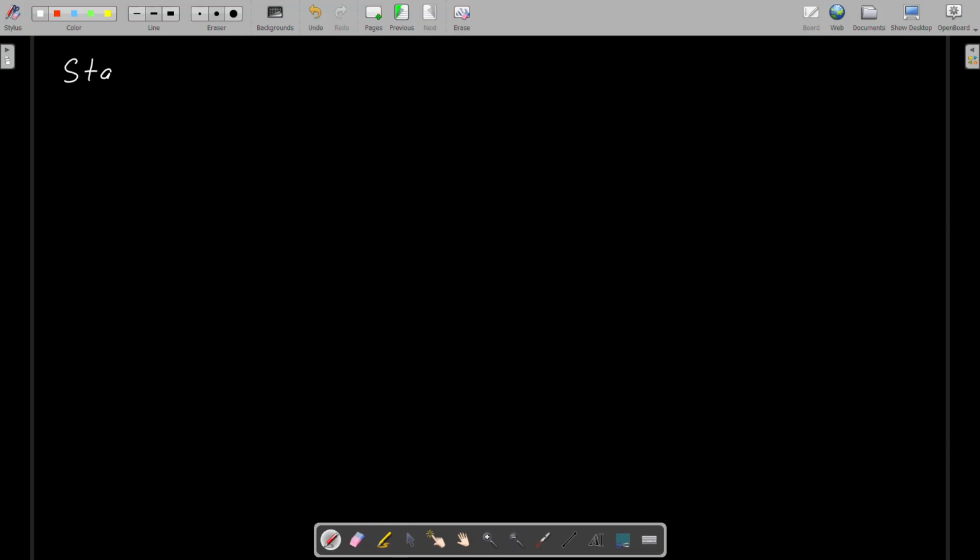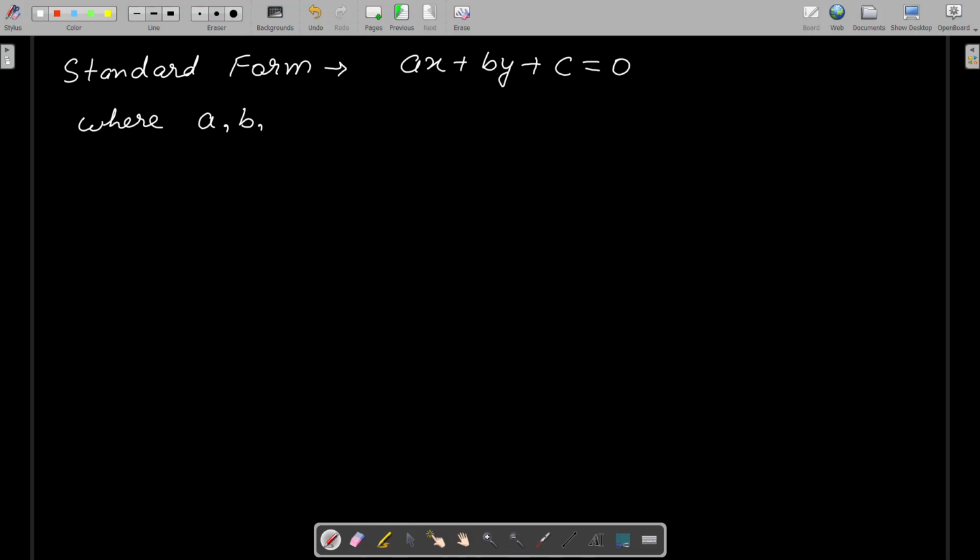So the standard form of a linear equation in two variables is ax plus by plus c is equal to 0, where a, b, c are all real numbers. This is a symbol in mathematics which means belongs to, and R stands for real numbers.